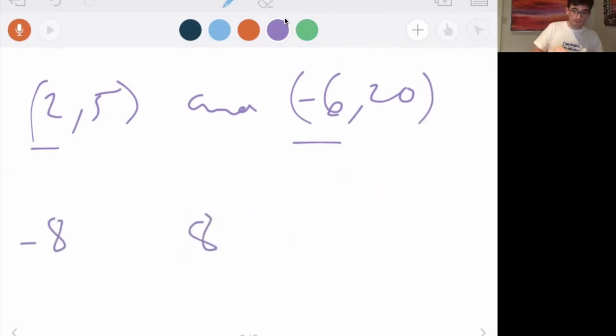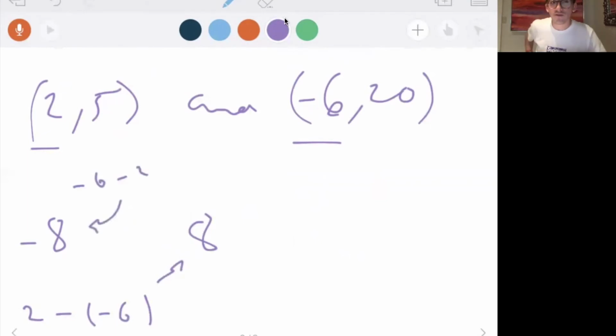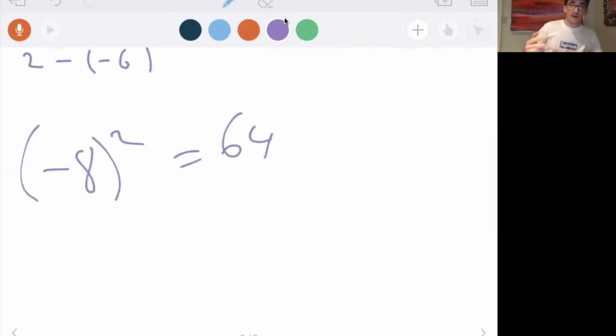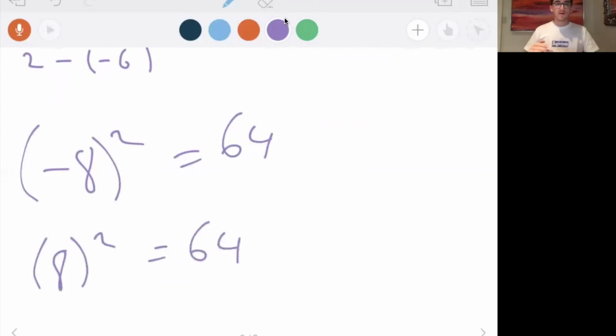If I said it was 2 minus -6, that would get me +8. But if I said it was -6 minus 2, that would get me -8. It doesn't make a difference, because when I square either one, if I take -8 squared, that's going to be 64, right? Because a negative times a negative is a positive. And if I just take 8 squared, that's also 64. So it doesn't really matter if it's positive or negative. So that's not something to worry about.